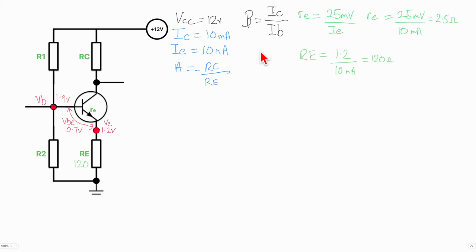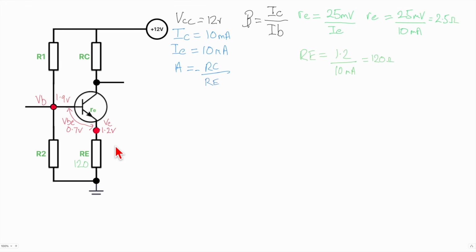Now, if you have a transistor tester, it is possible to test your transistor and find out what the beta of it is, which would be enormously helpful. If you don't, or you can't be bothered, you can just plug it in and hope for the best. A data sheet will give you an idea of what the beta might be for a given current, but it's pretty wide. For a 2N3904 at 10 milliamps, which is what we're running it at, the beta is something like between 100 and 300, which is pretty wide.